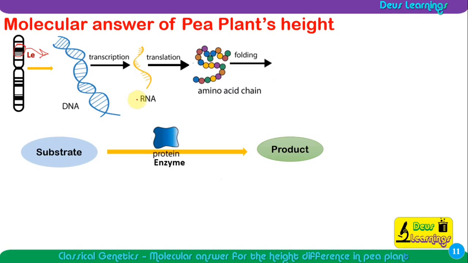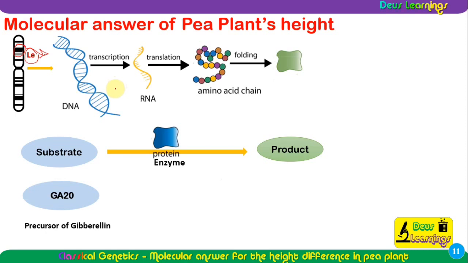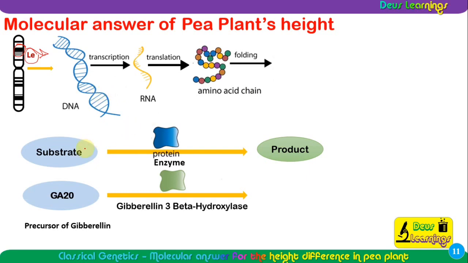In our case, there is a gene called LE, the length gene. This gene produces the mRNA for a particular enzyme. What does this enzyme do?